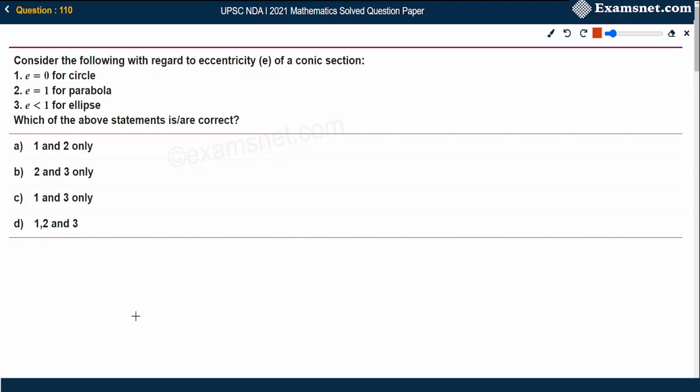So here, what is eccentricity? First, let's talk about that.